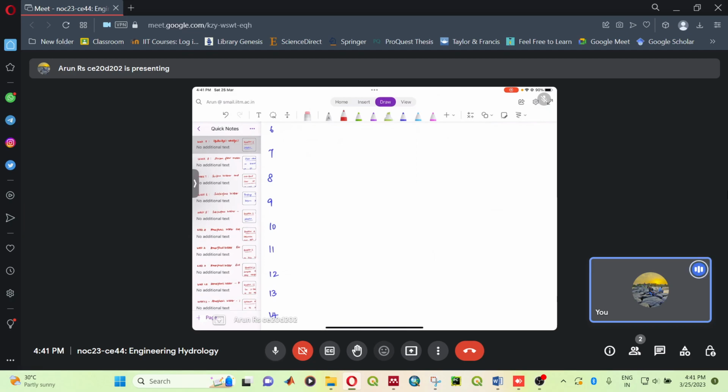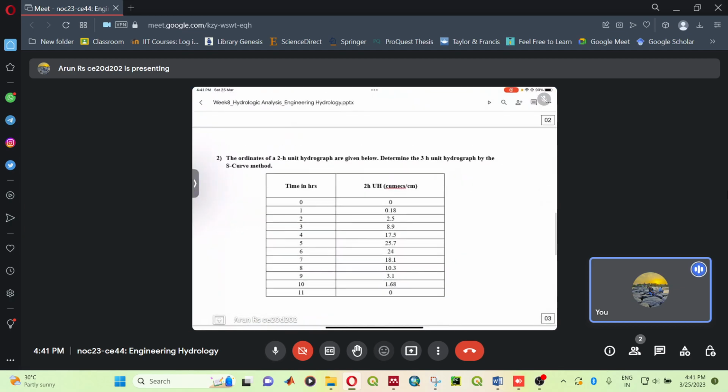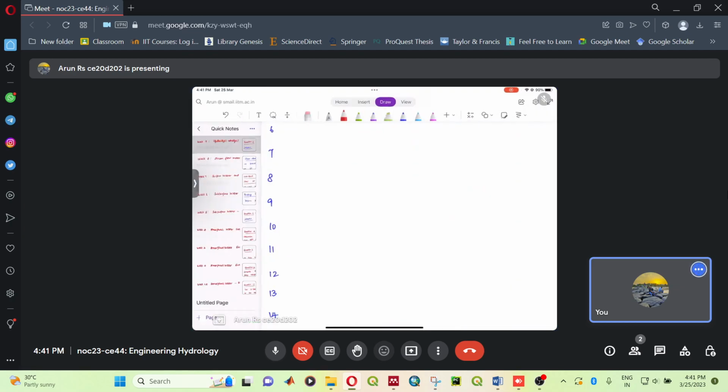So in question, we have up to 11 hours of data. So rest 3 will come at the later stage. That is the part of the question.